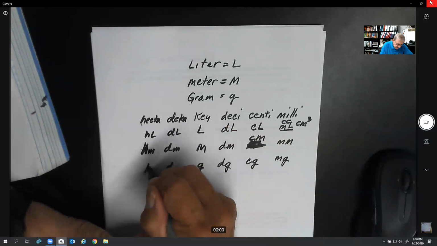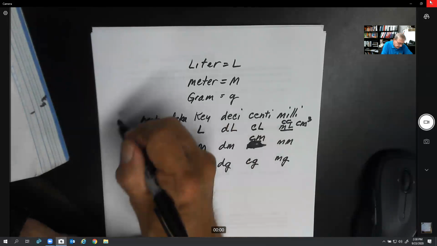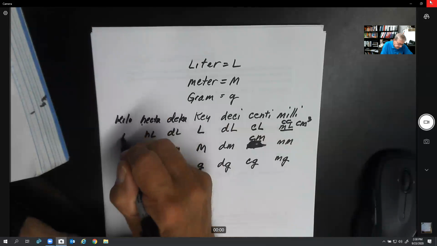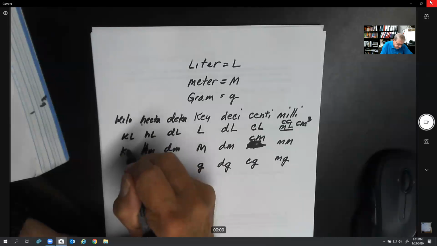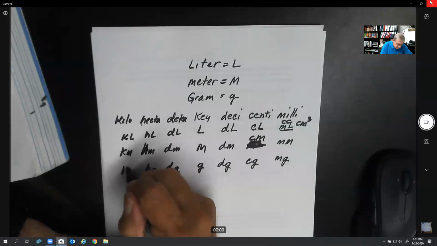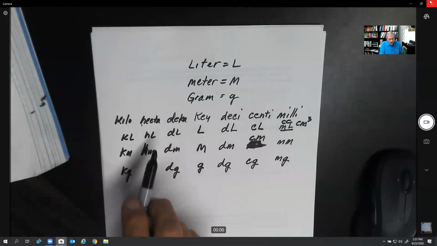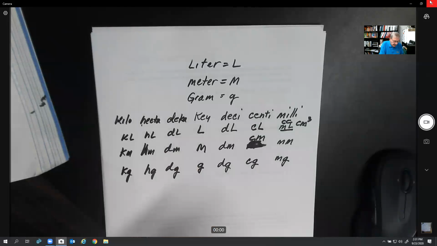And then finally we have kilo: kiloliter, kilometer, kilogram. Okay, so that's the way we divide it up.